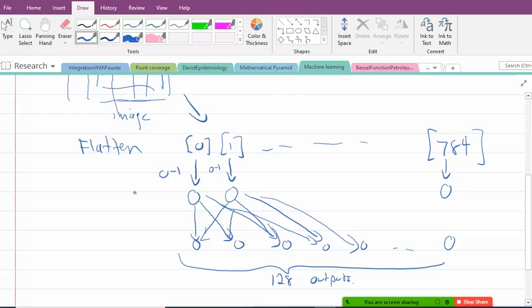In fact, if this is 784 and this is 128, the number of connections is 784 times 128. So there are many, many connections here, and many weights.